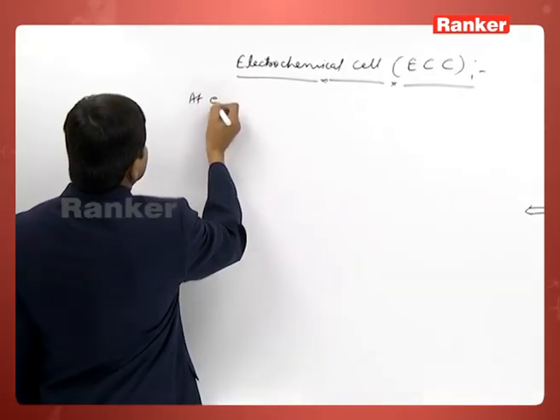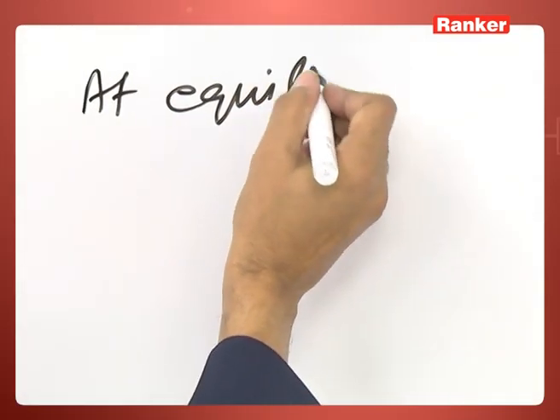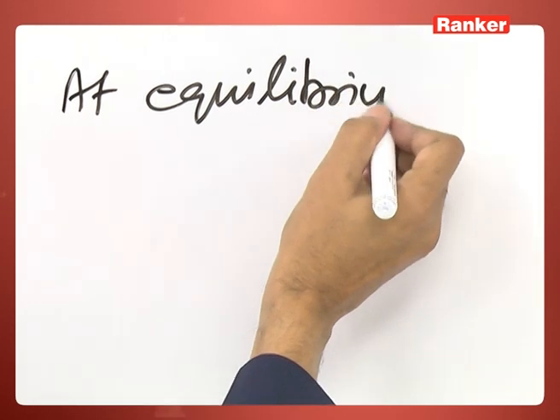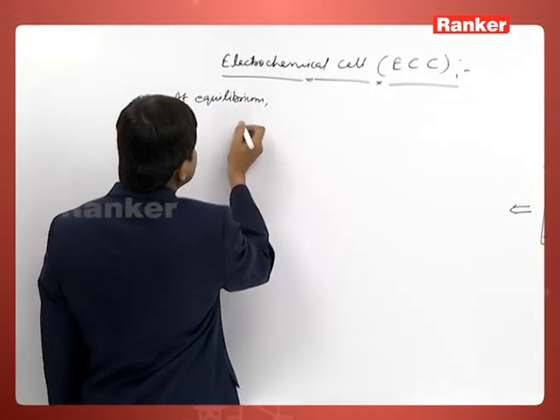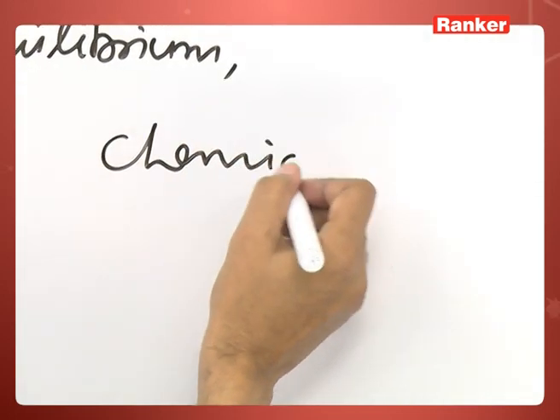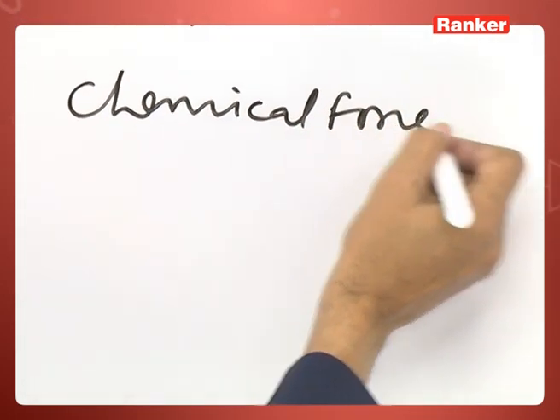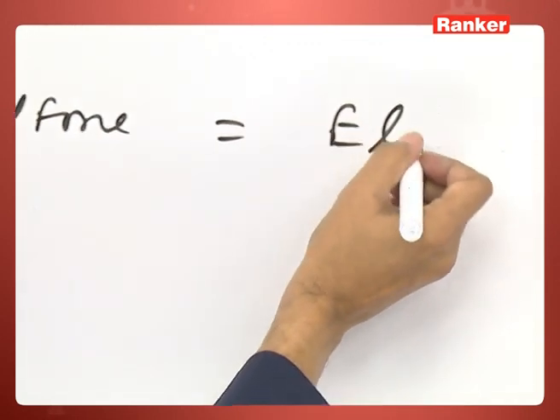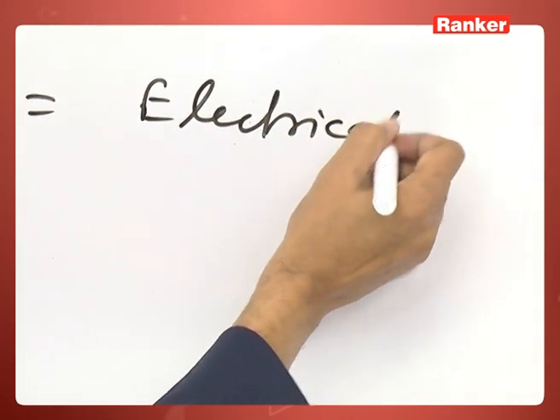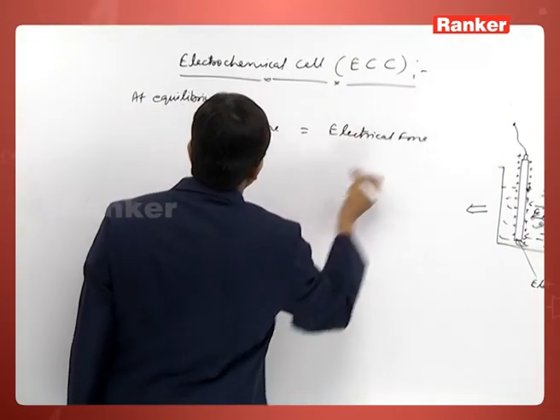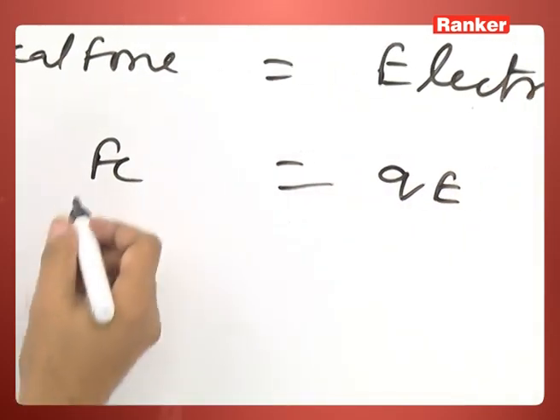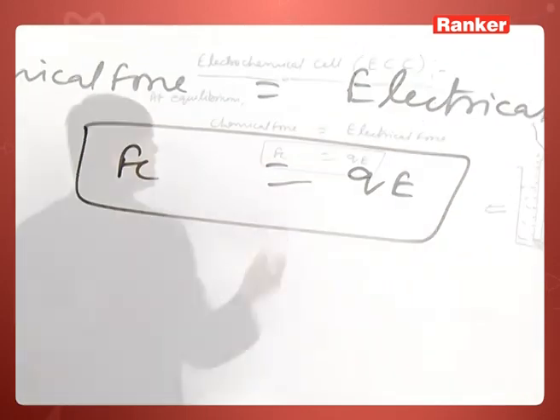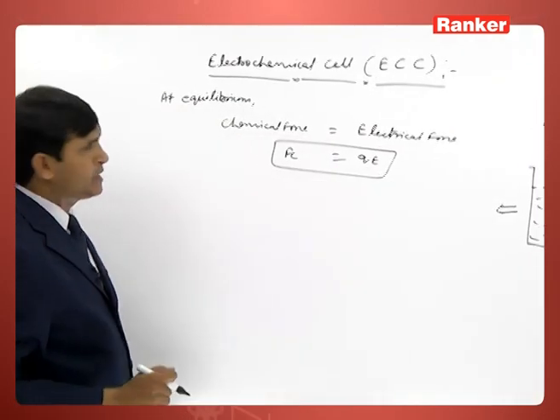At equilibrium, the chemical force is equal to the electrical force. So Fc is equal to Q into E.